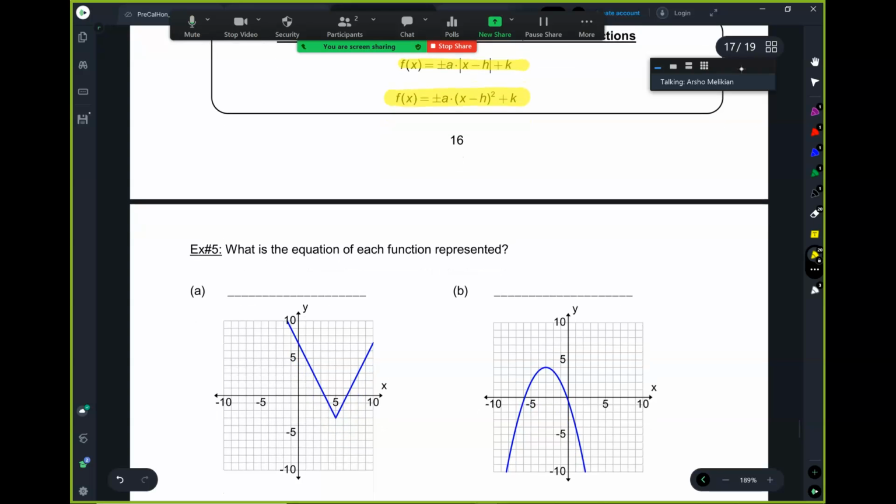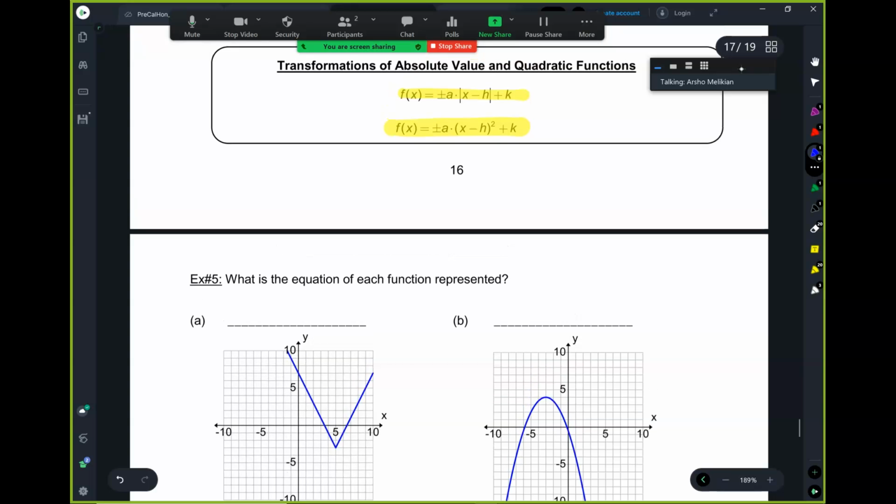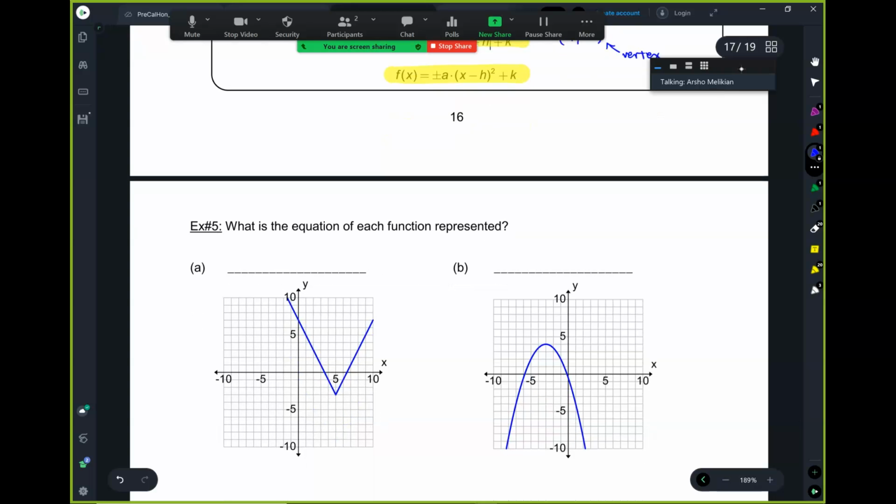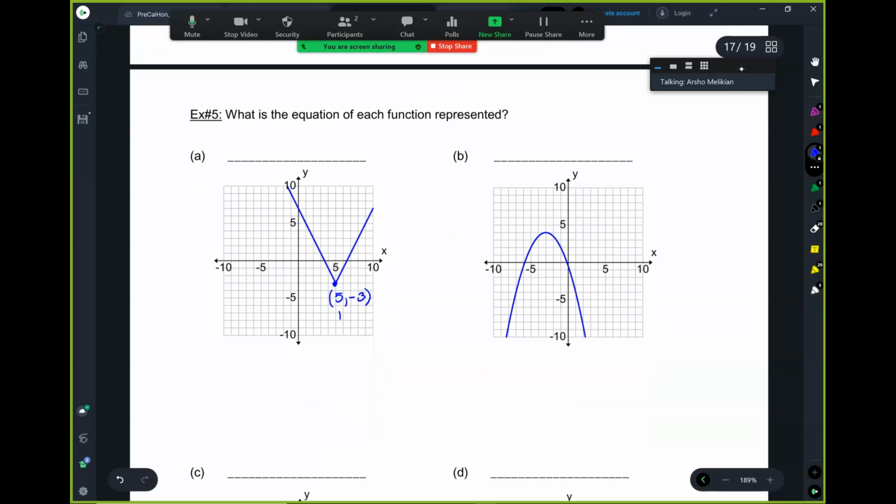Okay, so first of all, when you have h and k here, those are the vertices. Okay, so take a look here. What's this point right here? 5, -3, correct? This is your h and k.